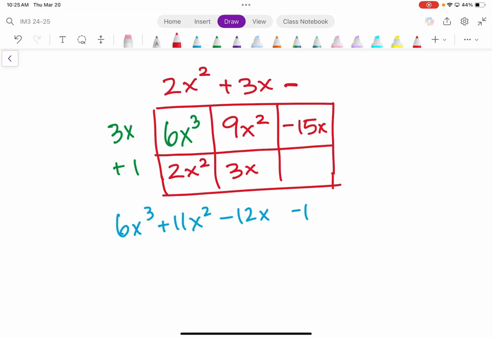Negative 5. What's negative 5 times 1? Negative 5. And what is my remainder going to be? To go from negative 5 to negative 1, I have to add 4. Let me highlight so you guys can see.